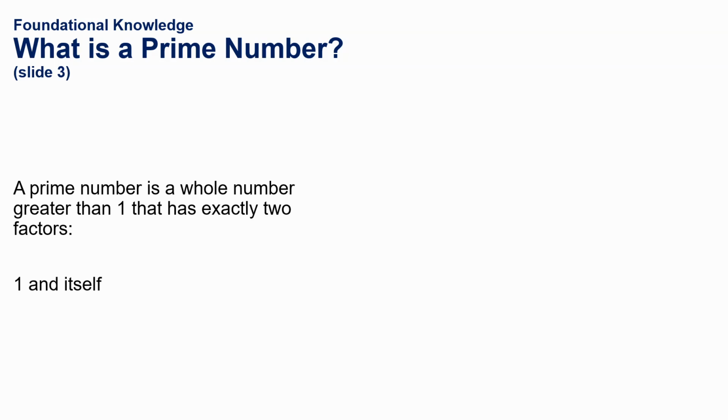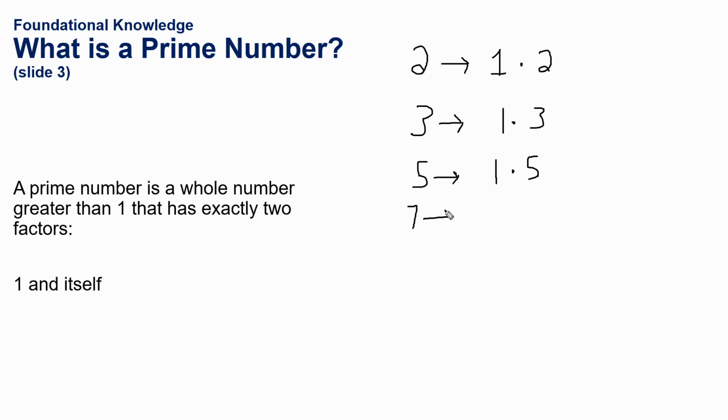So examples of this include numbers like 2, which can only be factored into 1 times 2, 3, which is 1 and 3, 5, 1 times 5, 7, 1 times 7, and 11. These are the first initial prime numbers here.